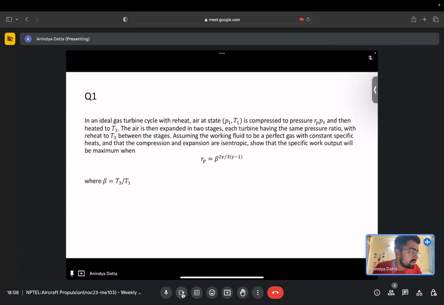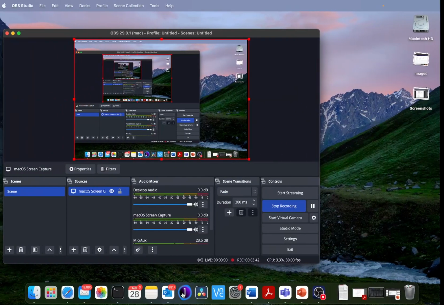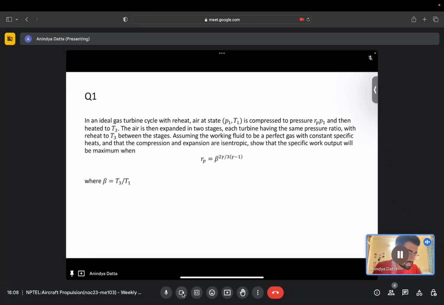If we assume the working fluid to be a perfect gas with constant specific heat, and the compression and expansion are isentropic, we have to show that the specific work output will be maximum when RP is given by this expression. So RP is the pressure ratio and beta is our temperature ratio, that is, the maximum temperature to minimum temperature in the cycle. Okay, so let's begin.